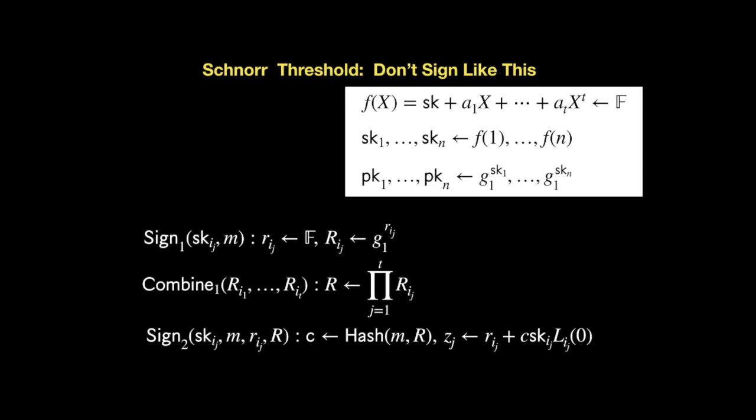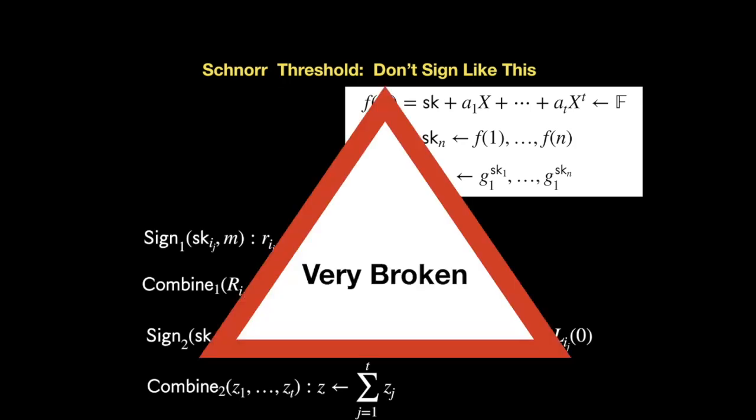So basically our Shamir secret sharing component is in that Skij times Lij of 0. And we're going to return that. In order to get the second component of the message, you just sum all of these values up. That should be equal to the sum of the Rij's plus C times the secret SK, and that should verify. There we go, signature scheme.